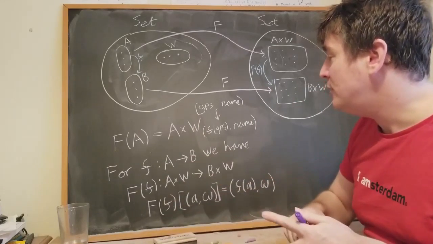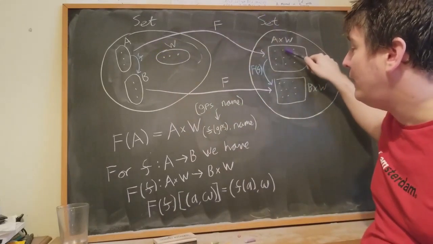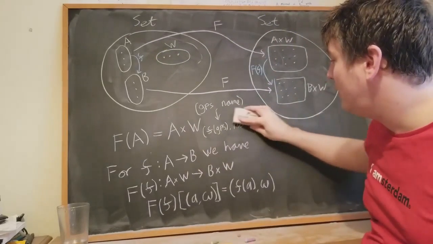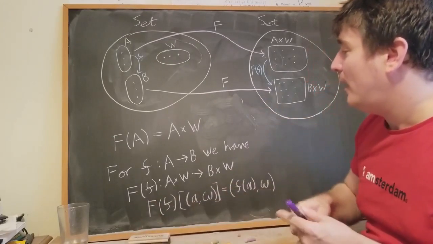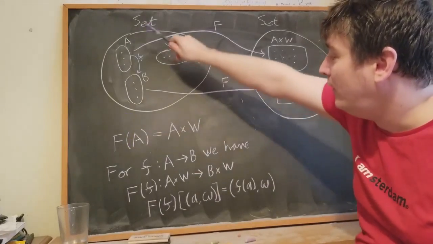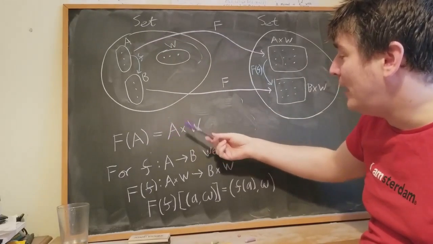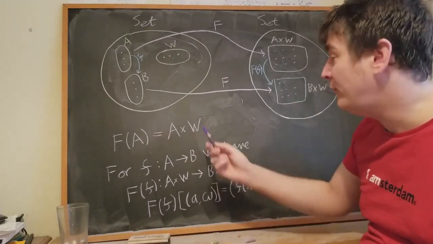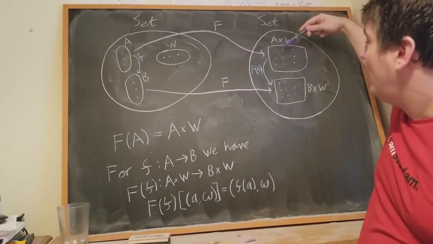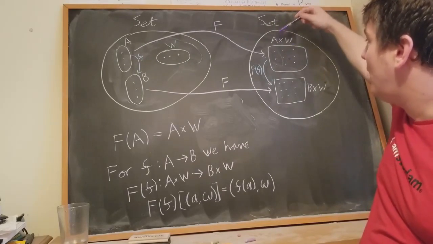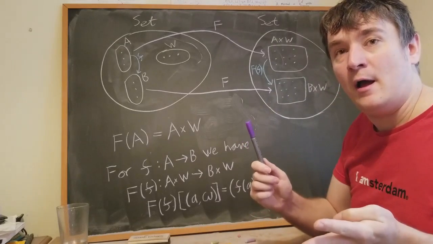Well, what we can do is make a functor which goes from set to set, and it's going to send an object, a set, to the Cartesian product of that set with this set W. So each one of these sets gets sent to a set times W. Now remember, this functor is not a function on these sets.